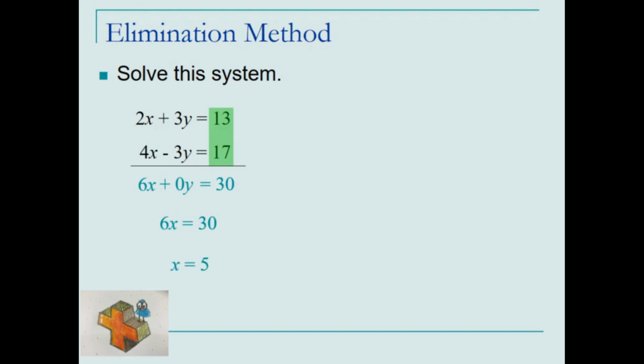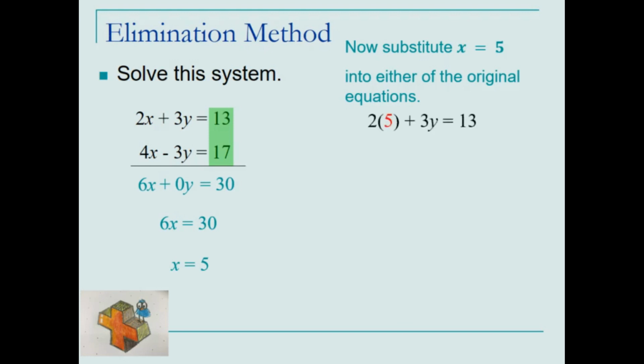This is the x coordinate for the point of intersection, in other words, the common solution between these two linear equations. We next need to use that value of x that was found, plug it into either one of the two equations. We'll put it in the first equation, replacing x with 5.